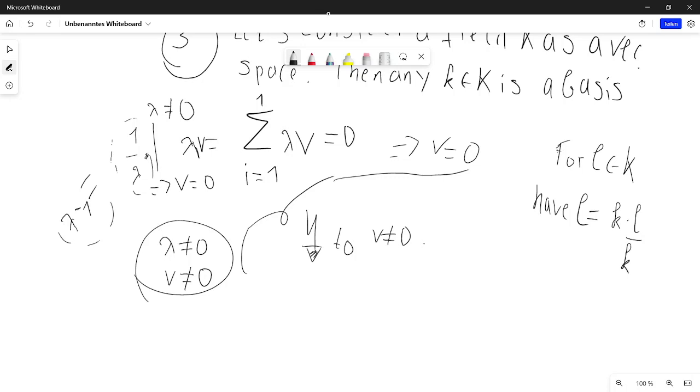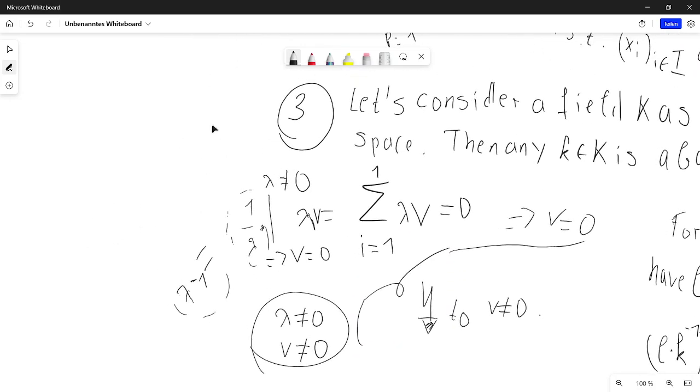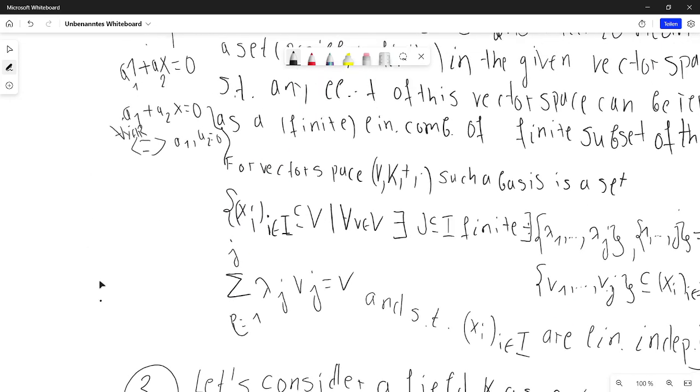Of course, this element is again not a fraction, but this is L multiplied by k inverse, which is an element of the field. This is the multiplicative inverse of k. This is just L, because of multiplicative inverse plus commutativity, abelian group with respect to multiplication in a field. So yes, we get L. And this proves that any nonzero k is a basis. All right, what do we do next?